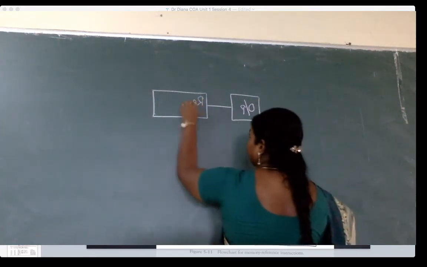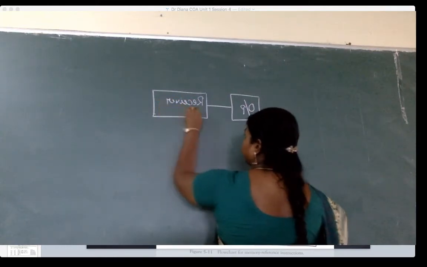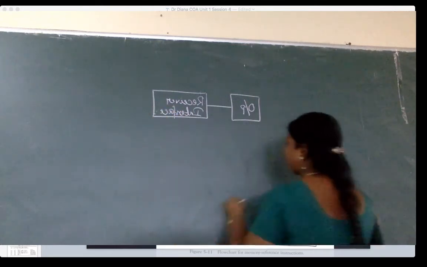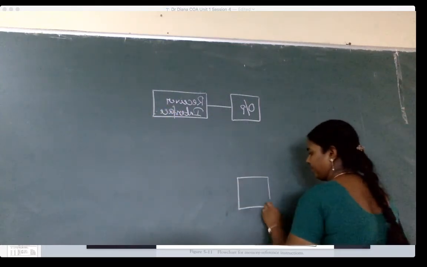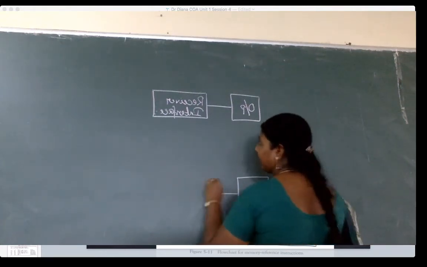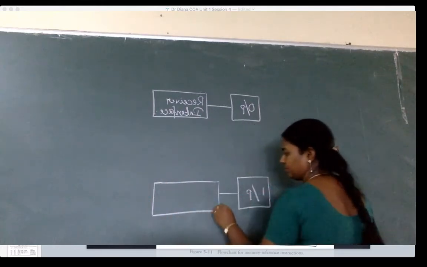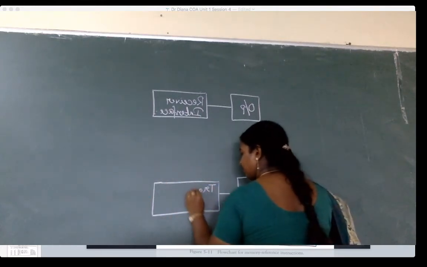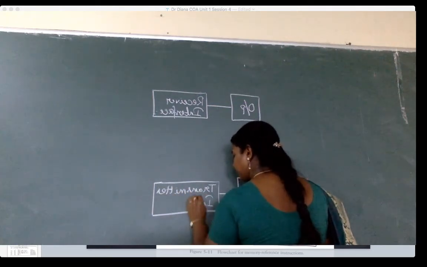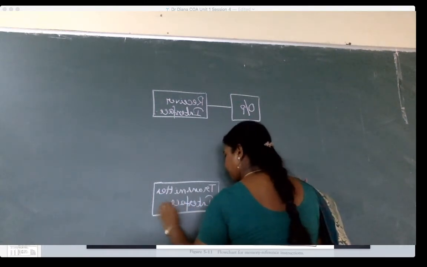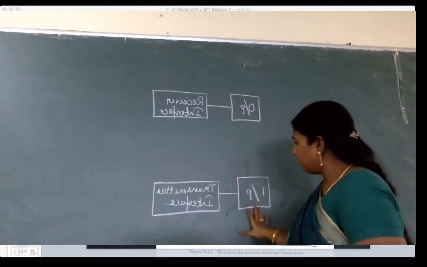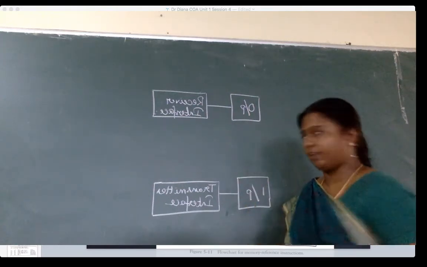It will connect with the receiver interface, and I can have an input device which is connected to a transmitter interface. So I have the output device connected to a receiver interface, and the input device connected to a transmitter interface.